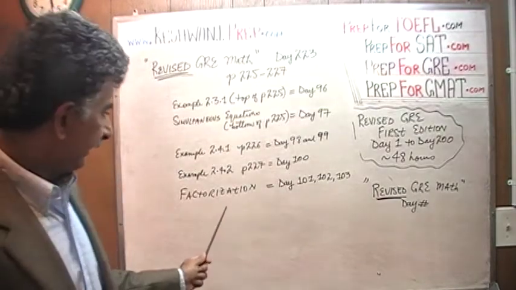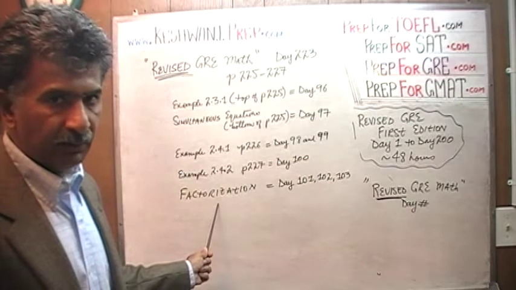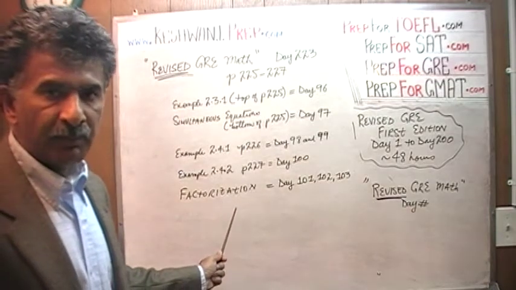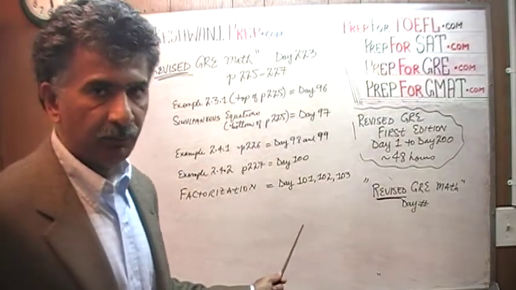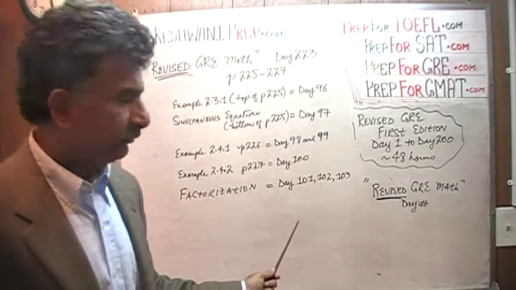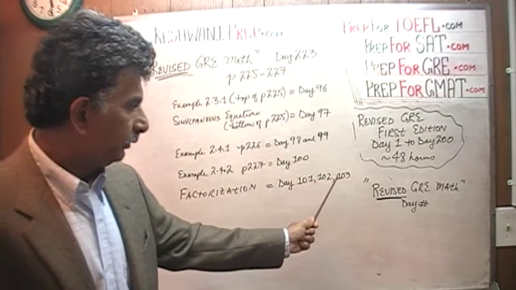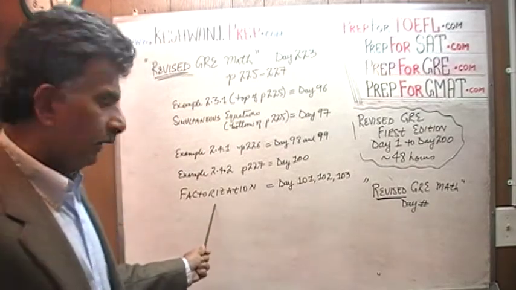And finally, I spent 3 more days doing examples, problems that are not in the book, but problems that appeared in the old GREs before. I took three of those typical problems dealing with quadratic equations, and you will find those problems on day number 101, 102, and 103.